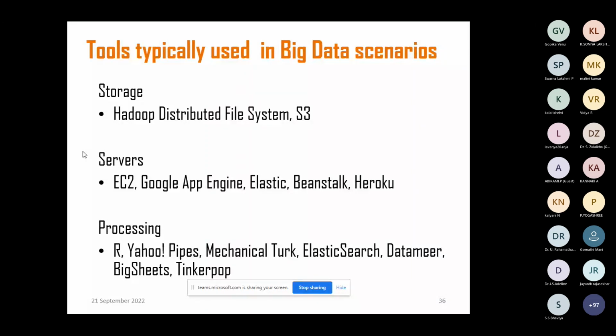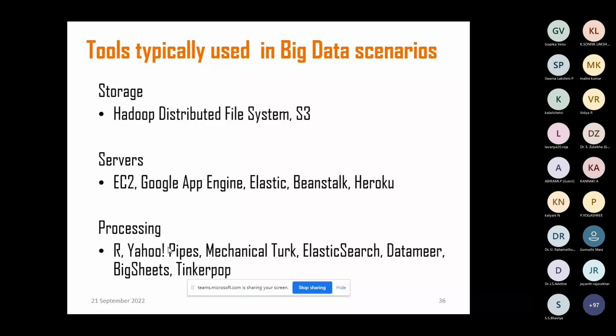Yahoo Pipes is widely used to aggregate web feeds or web pages and other services, especially when you are about to build a data mashup. For example, when you are going to integrate data from multiple web sources, you can think of using Yahoo Pipes. Of course, it is used for all applications running on Yahoo.